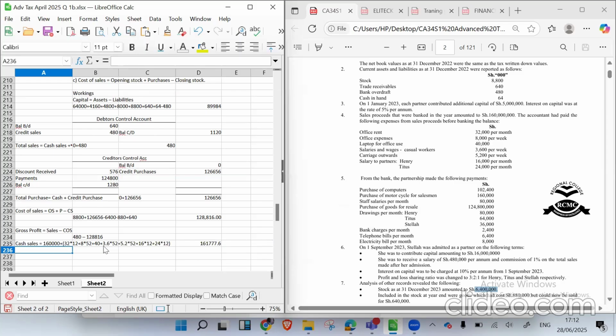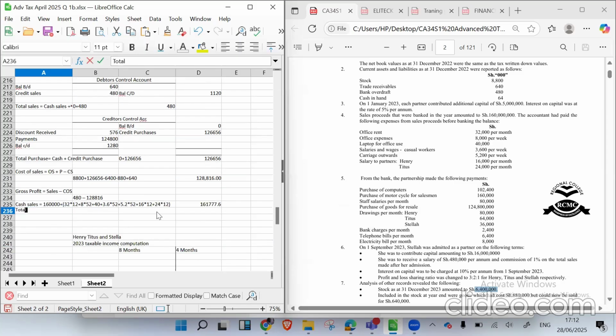So yes. So therefore, total sales becomes, yes, our cash sales plus credit sales, which is 1777.6 plus our credit sales of 480. So there we go.